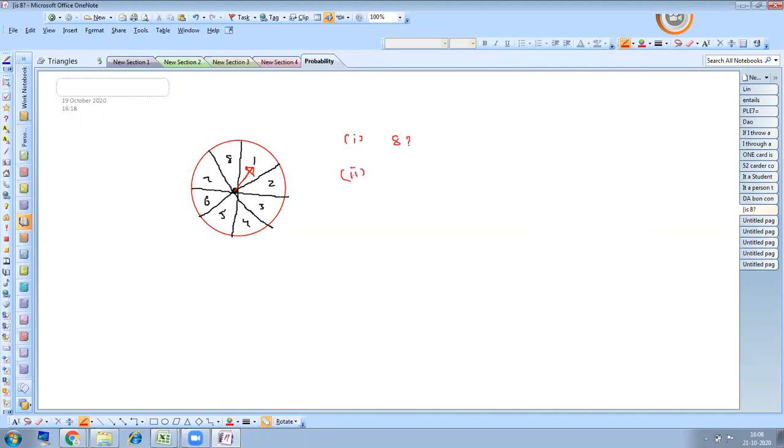What is the probability of getting an odd number? A number greater than 2?